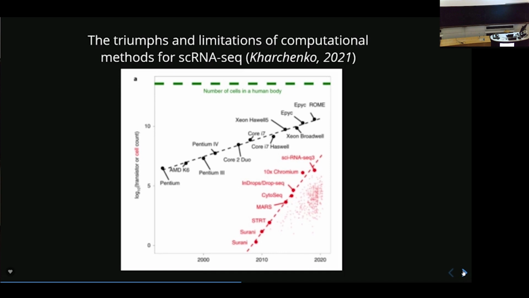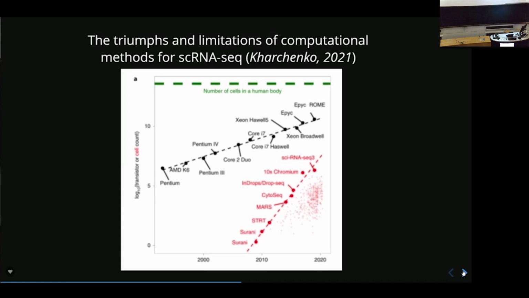On the red line, you can see all the different platforms that have been developed during the years, till 2020, more or less, and there's a log count of the cells that could be sequenced on these platforms altogether.